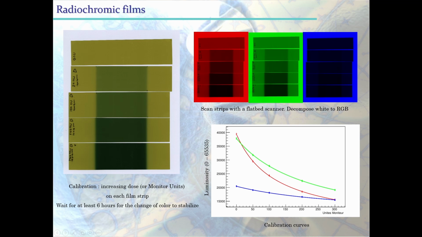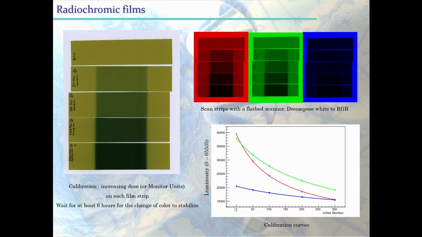There are some radiochromic films. When not exposed, they have this yellowish color, and this yellowish color can be split into red component, green component, and blue component. And you see that if you take similar strips and you irradiate them, increasing the dose, you can see that it turns to something more and more on the blue side.